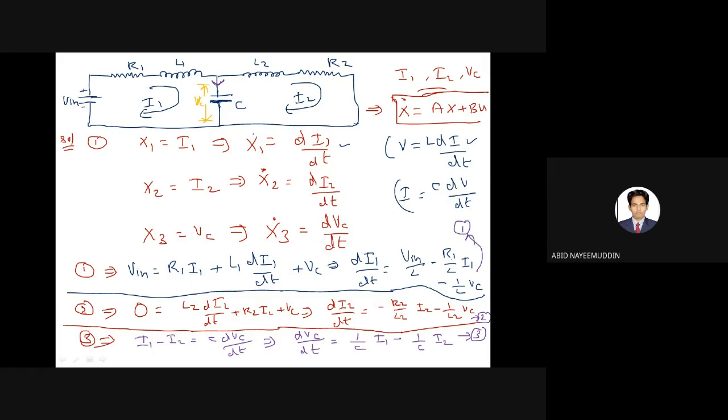Now the last step is to represent these equations in matrix form in terms of state variables x1, x2 and x3.